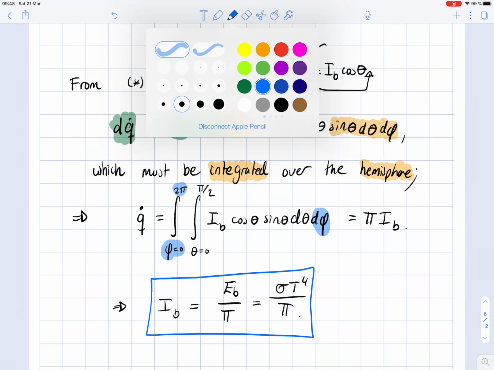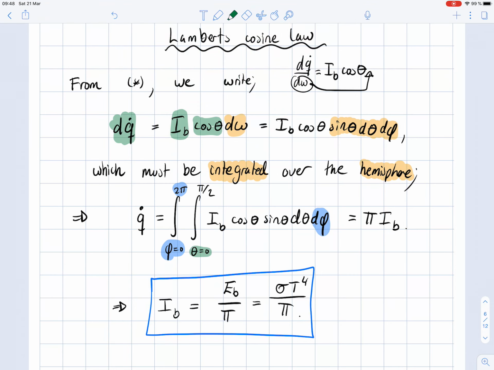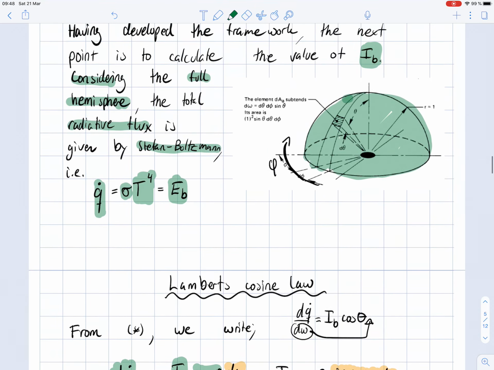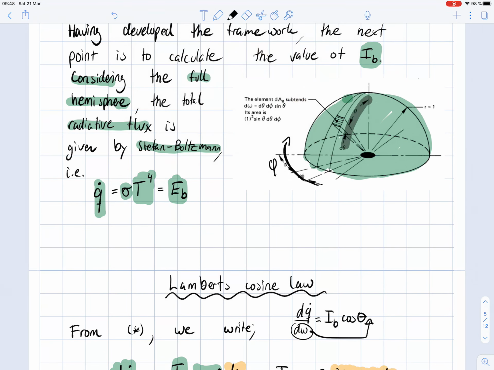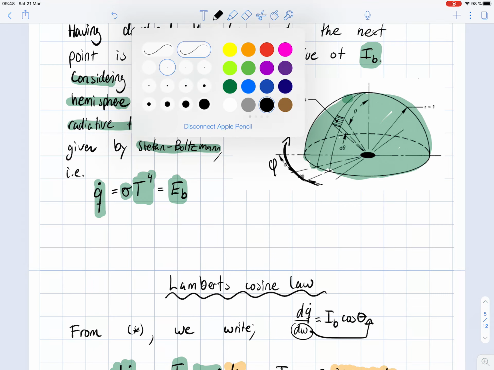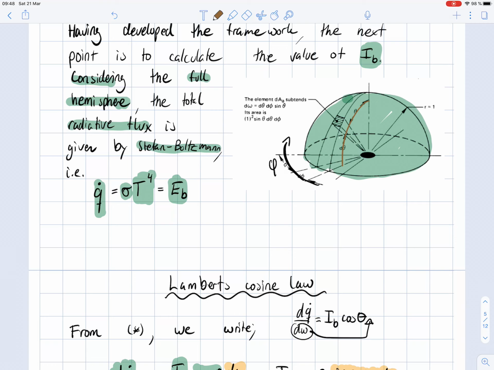Whereas theta will go from 0 to pi halves, that's 90 degrees, because it is the angle from the top going down to the base plane. So it's this angle.